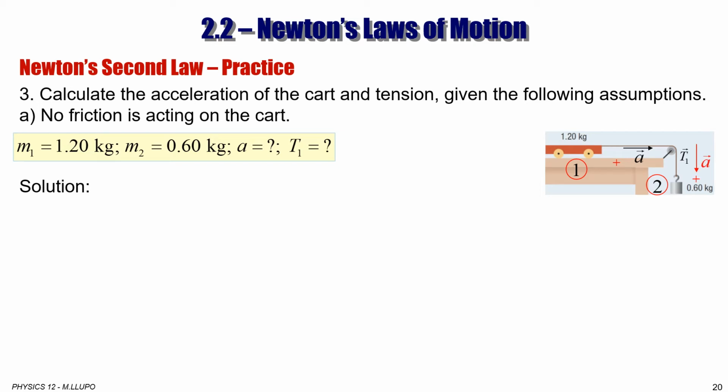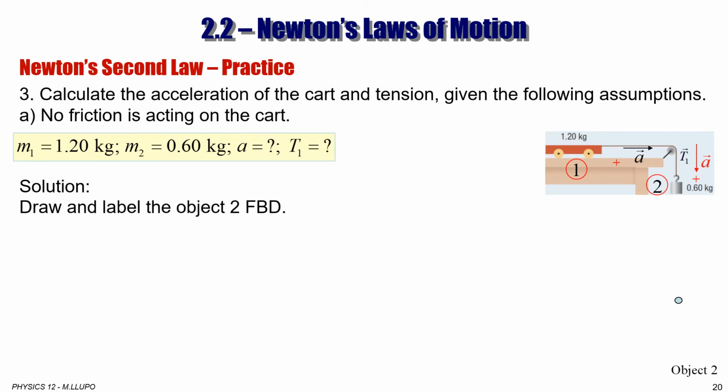Now we're going to focus on object 2. If you take a look, the acceleration of object 2 is downward. So that's why we label that direction of the acceleration as the direction of the motion. That's downward.